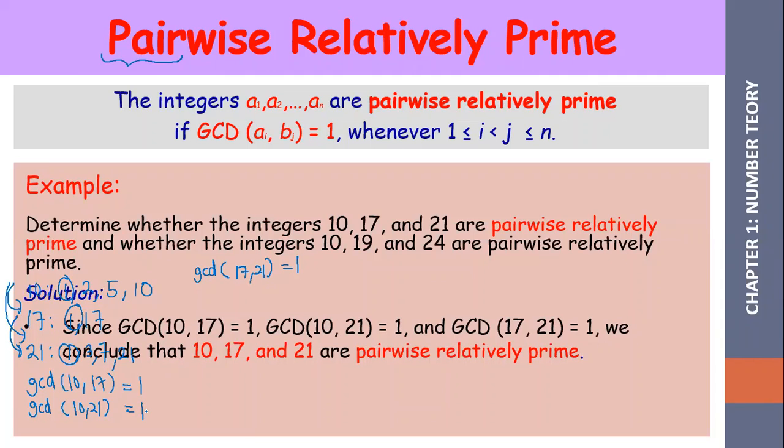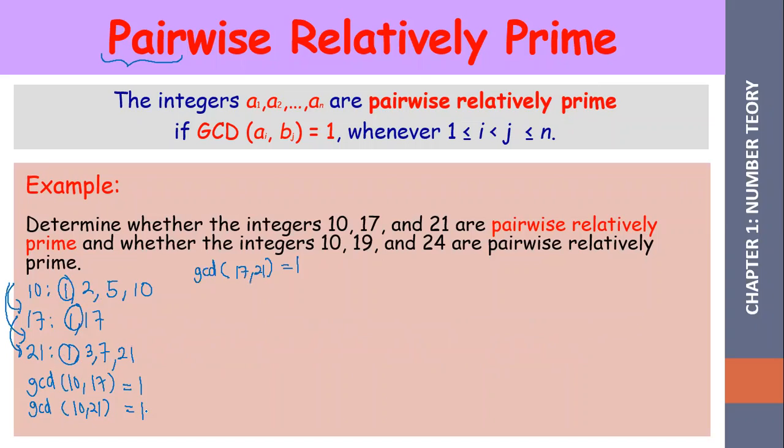Okay, so determine whether the integers 10, 19, and 24 are pairwise relatively prime. So macam mana nak check? Okay, you have to check one by one. What are the divisors of 10? 1, 2, 5, 10.